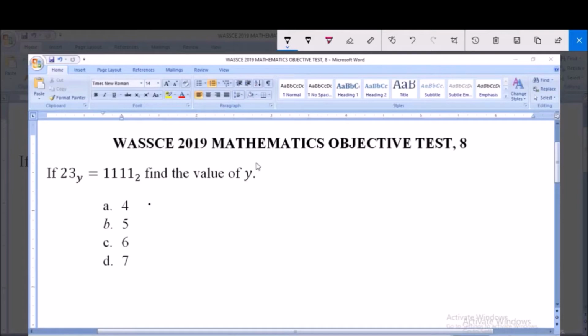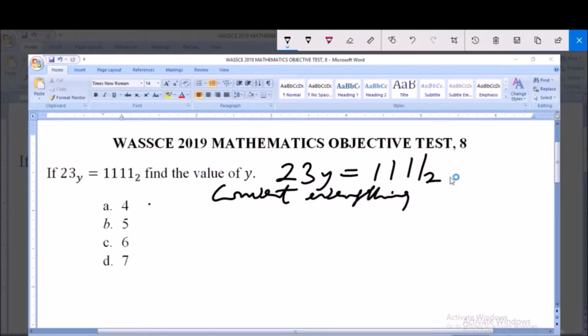So when you are given a question like this, we have 23 base y equals 1111 base 2. You simply convert everything to base 10.